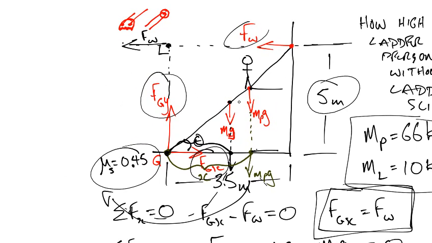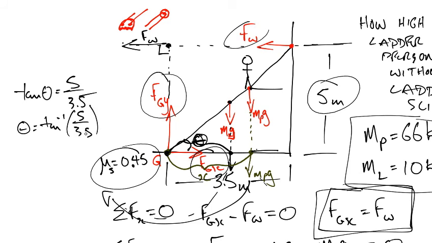Let's do it up here so maybe I can fit it in so you could see. If you consider this angle theta as SOHCAHTOA, tan theta is equal to 5 over 3.5. Therefore, theta is equal to the inverse tangent of 5 over 3.5.